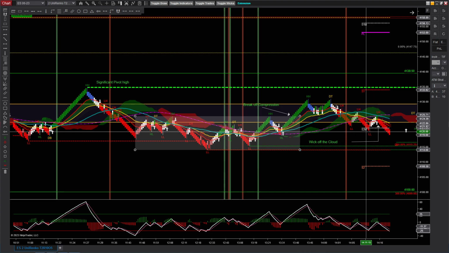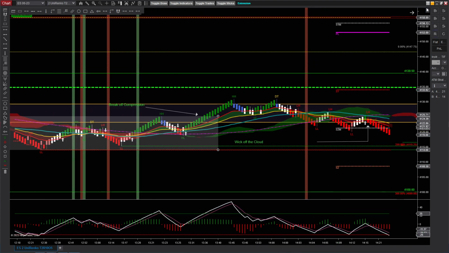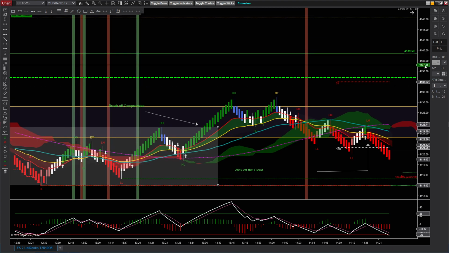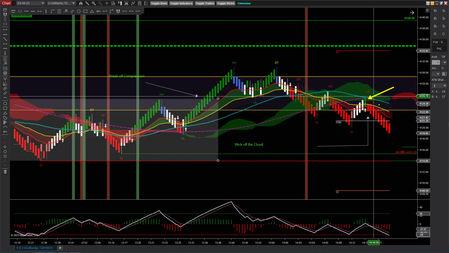There's a wick out of the cloud right here. You see the wick, you see the cloud there, and there's a wick right there out of the cloud. This one is a valid entry. Still, you are in the upper side of this, in the lower side of this demand zone. So that's the line right there. But this one is a valid entry.